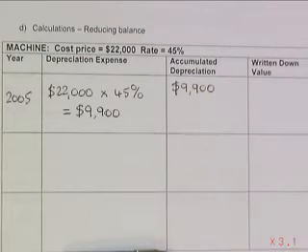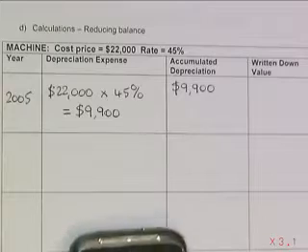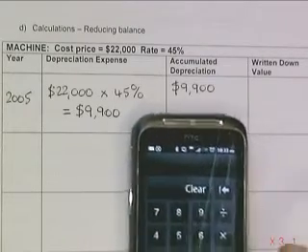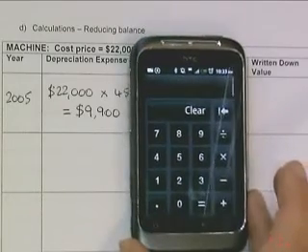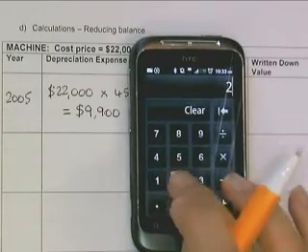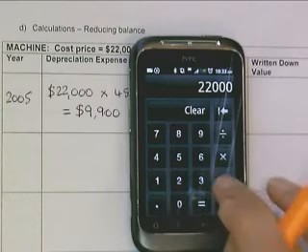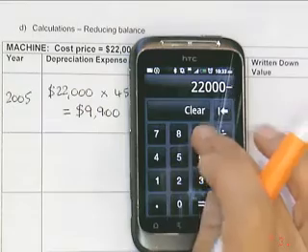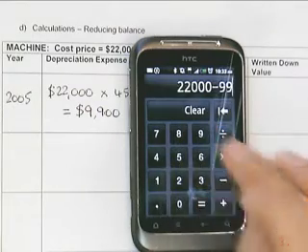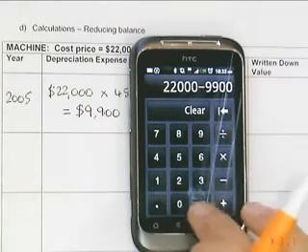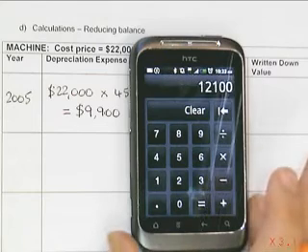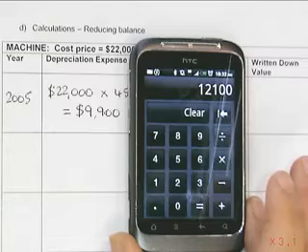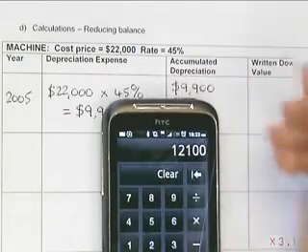The written down value we need to calculate, and written down value in any year is going to be equal to the cost price less accumulated depreciation so far, and at this stage that's 9,900, which gives us a written down value at the end of year one of $12,100.